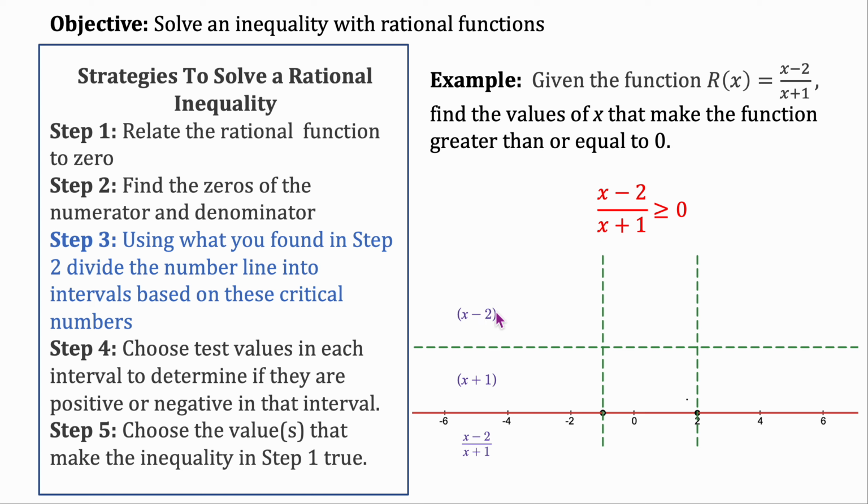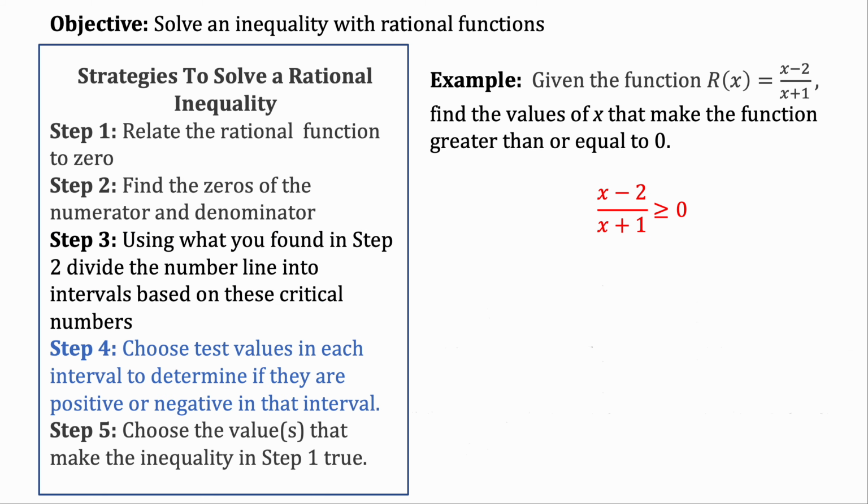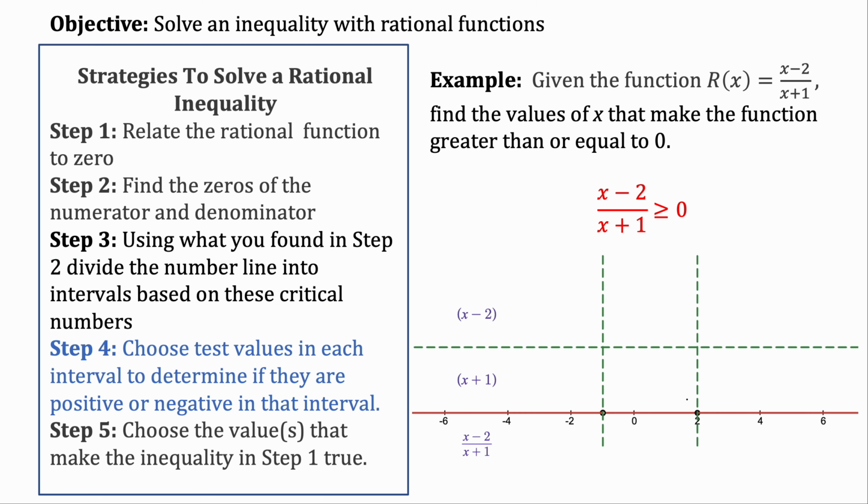I have a row for each of those. If there were more than one factor on each, I would keep making a row for each one. And this just shows me my result. This is the thing I'm looking for. After I have divided it and made what I call a plus minus chart, we are going to choose some test values in the intervals that we're trying to determine if they're positive or negative.